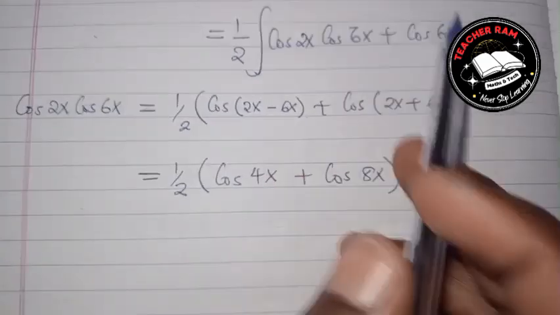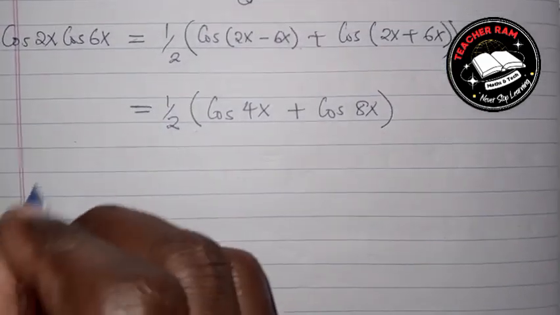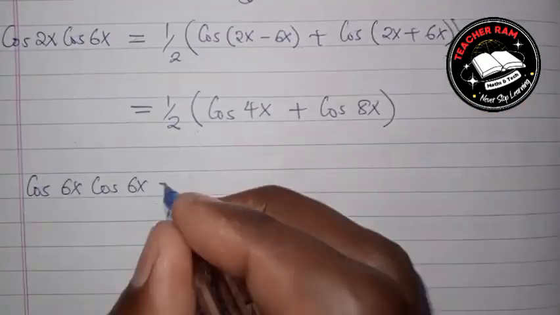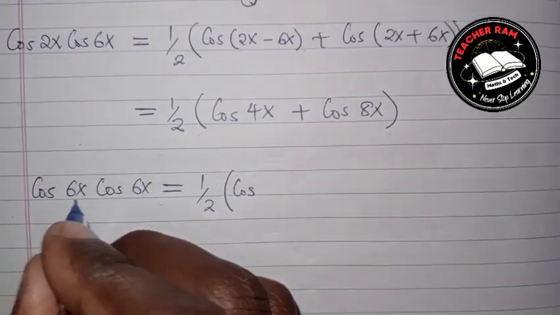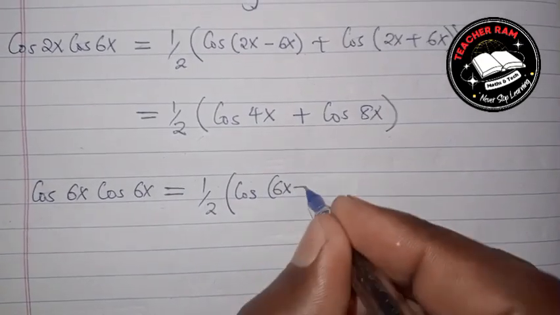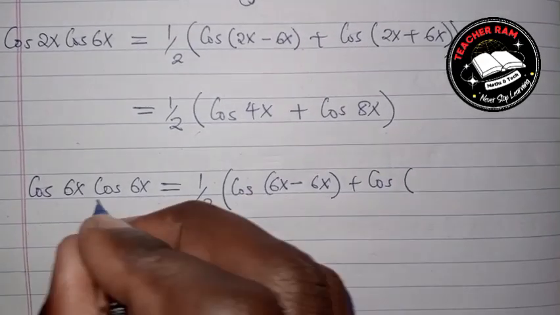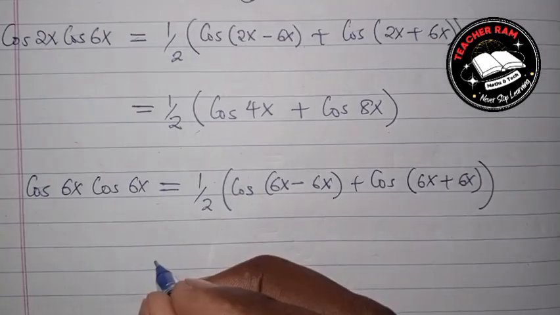And for the second one, here we have cosine of 6x multiplied by cosine of 6x. This will be equal to 1 over 2 bracket cosine of angle A minus B, so it will be 6x minus 6x, then plus cosine of angle A plus B, so it will be 6x plus 6x, closing the bracket.